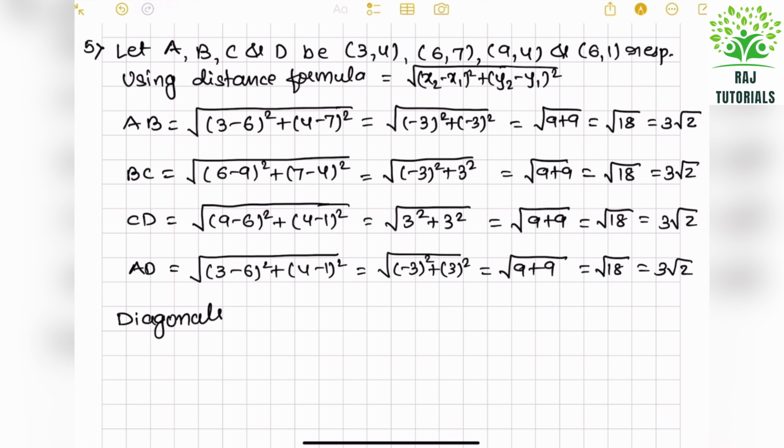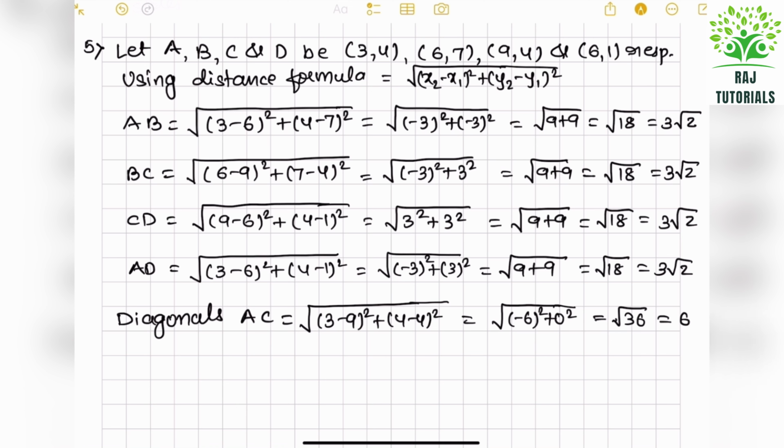Now let us check the diagonals. AC will be equal to 3 minus 9 whole square plus 4 minus 4 whole square. So that will be -6 square plus 0 square. So root 36. So that is equal to 6.